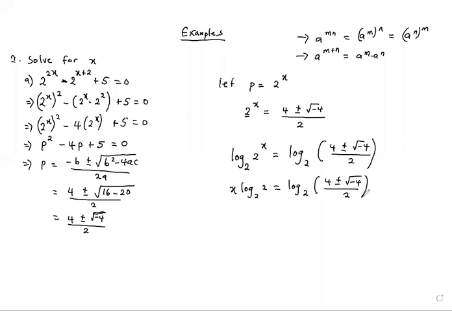But log 2 of 2 is 1, so it remains with x is log 2 of 4 plus or minus root of negative 4 over 2. That's how you extract x from being the power.